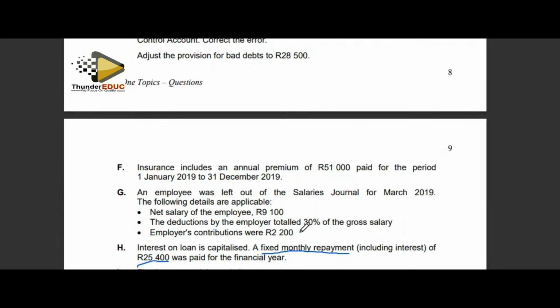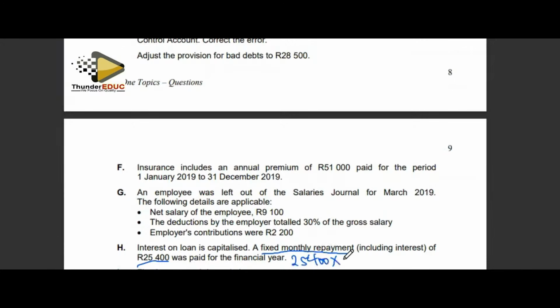Okay, so if this is monthly, we have to determine how much did we pay for the whole year. So if the figure is given in monthly, we have to multiply it for the whole year, because we are dealing with the whole financial year ending 31st March 2019.